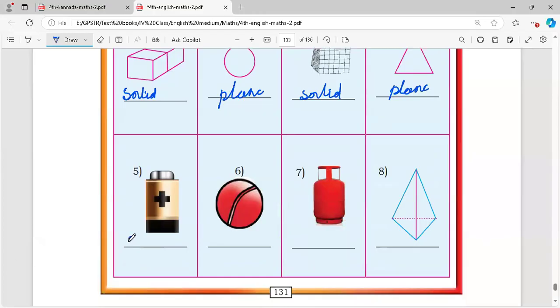Cylinder is solid. Sphere is solid. Cylinder, solid. This is a pyramid, solid.